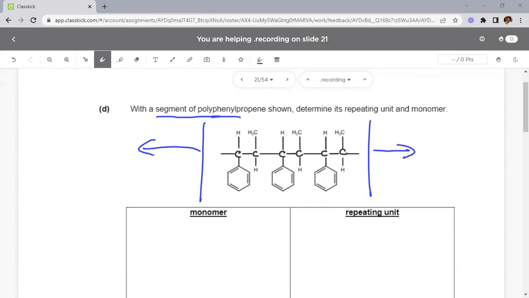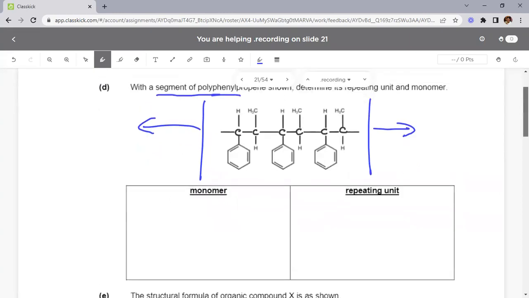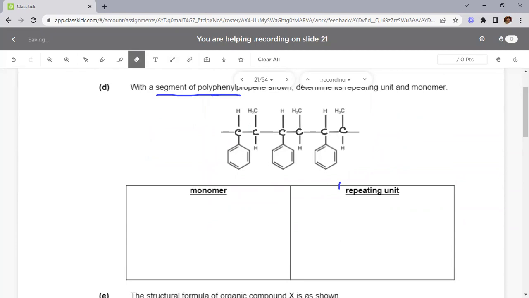Now I want you to try, based on the first part. Sorry, let me erase all the drawings I've drawn so far. From the polymer, I want you to find the repeating unit.